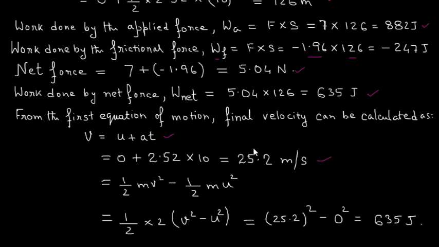So this one was v, and this is u, initial velocity. And in this way we have calculated the difference in initial and final kinetic energy.